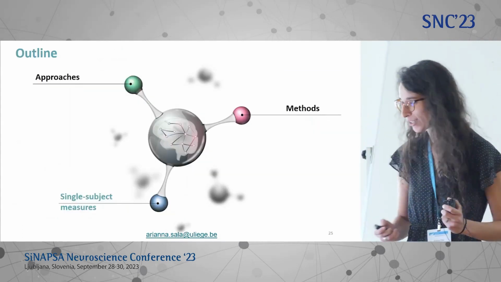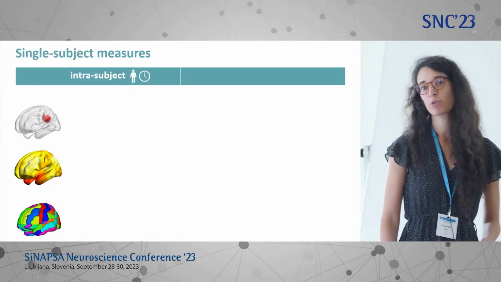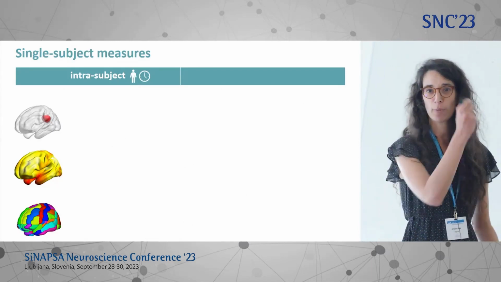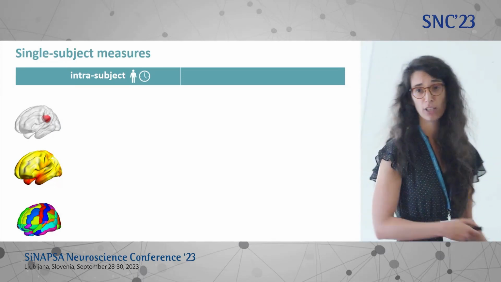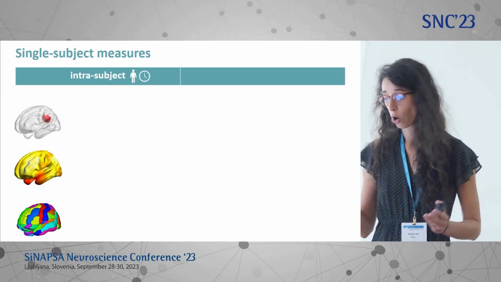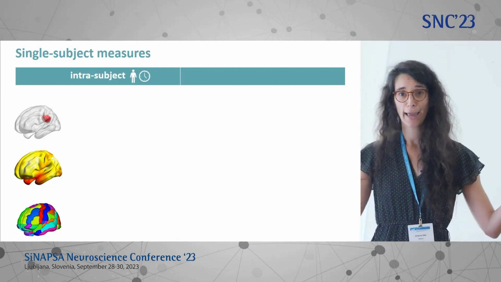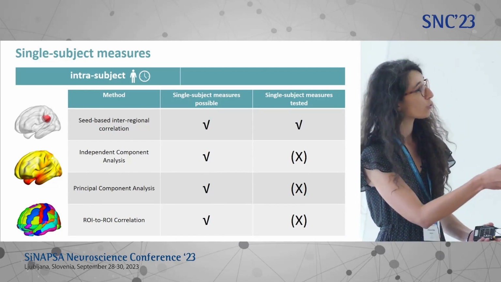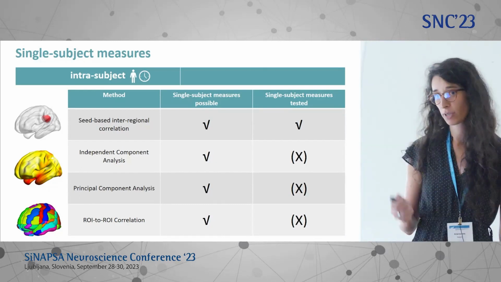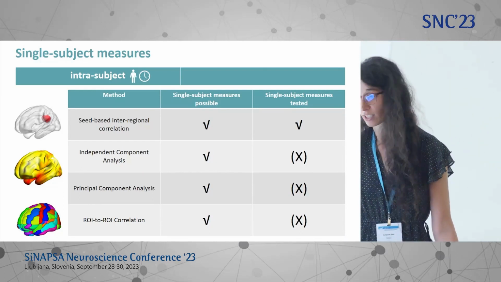Finally, the most important part of the talk, getting to the single subject level. As you can imagine, if you apply these methods that I just showed using an intra-subject approach, so you have time series, of course you can do these at the individual level. So automatically, yes, it is possible to obtain an individual estimation of connectivity.